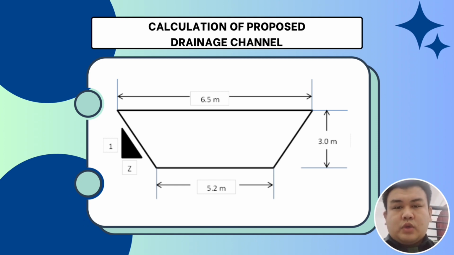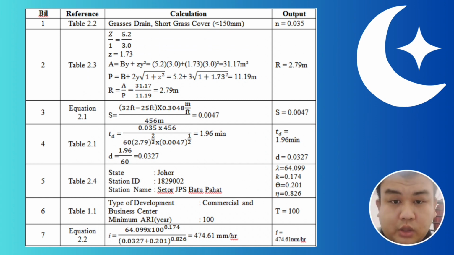For the top width, we got 6.5 meter, the bottom width is 5.2 meter, and the height is 3.0 meter, and the depth is 1.73. In this slide, I would like to talk about the calculation for the proposed drainage channel. For the roughness coefficient, we design it as 0.035 because the short grass cover is under 150 mm.